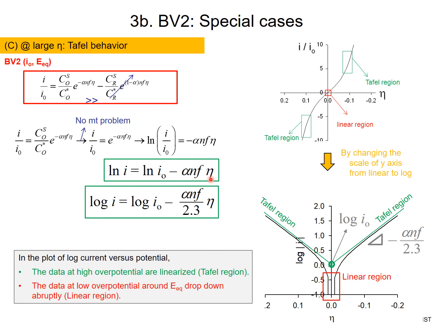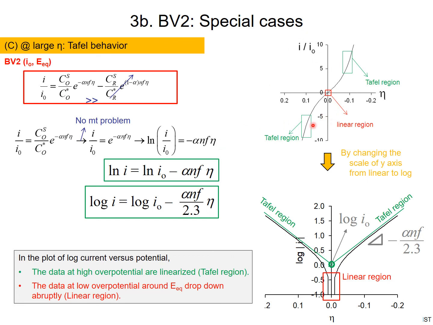Also, when we convert this natural log to the normal log, then log I is equal to log I0 minus alpha nF per 2.3 times eta. Again, this is the slope and this is the y-intercept in the coordinate of log current versus overpotential.